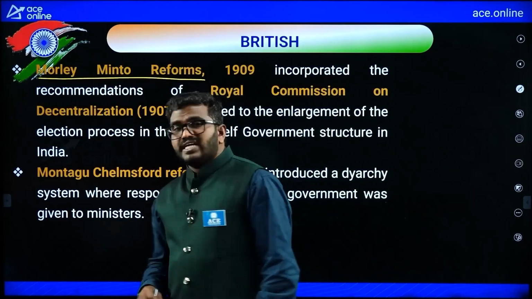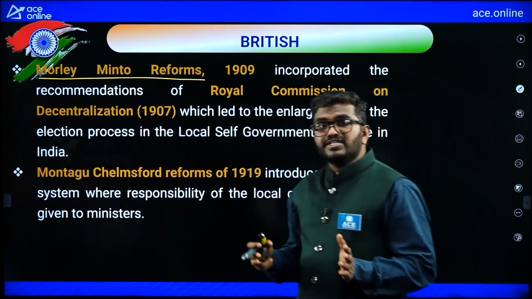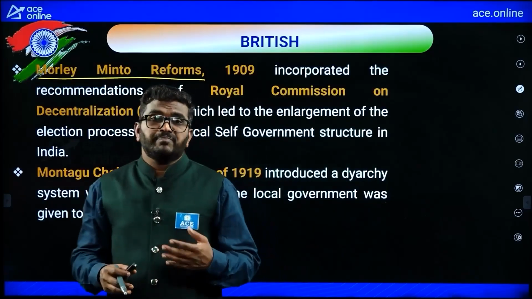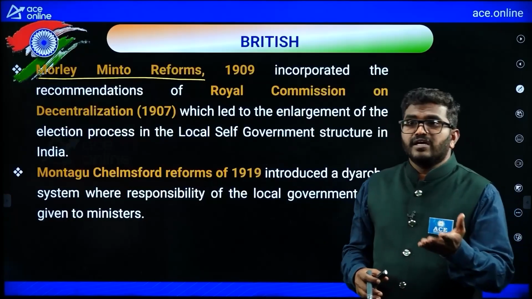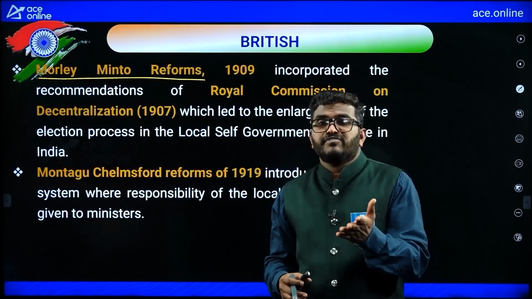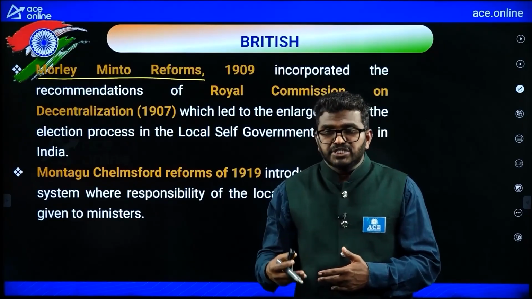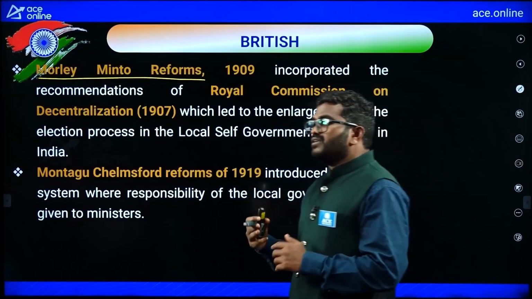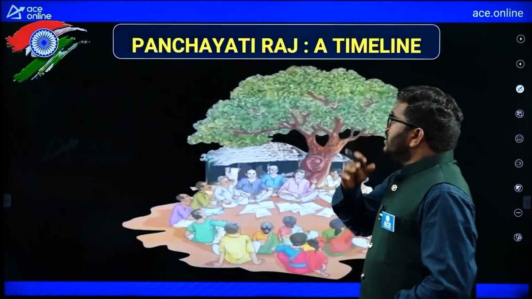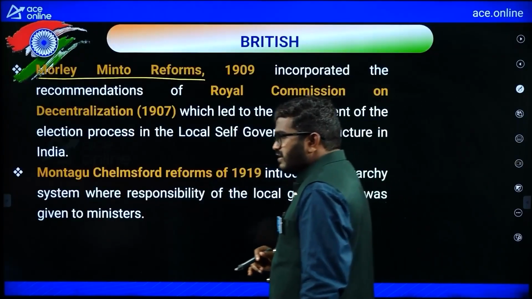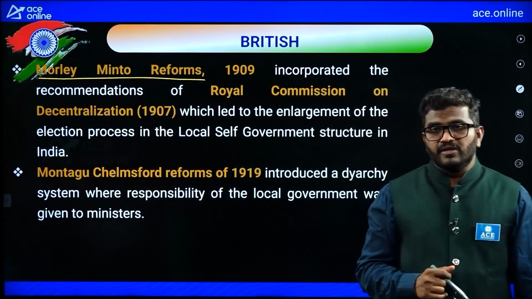There was one minister who represented the villages, like a minister of panchayats at present. So in the British rule also there was one ministry for the panchayats at the local level. These are the different reforms given by the British rule.